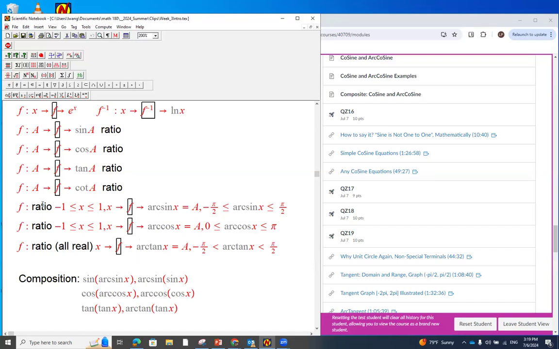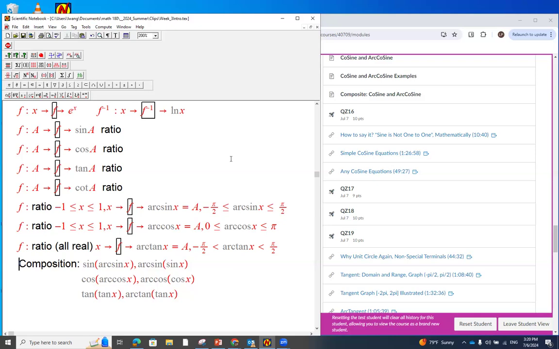And we understand what kind of quantities are input and what kind are output. For sine, cosine, tangent, cotangent, angles are input, ratios are output. For arcsine, arccosine, arctangent, ratios are input, the angles are output. So the arc is being used extensively, okay?